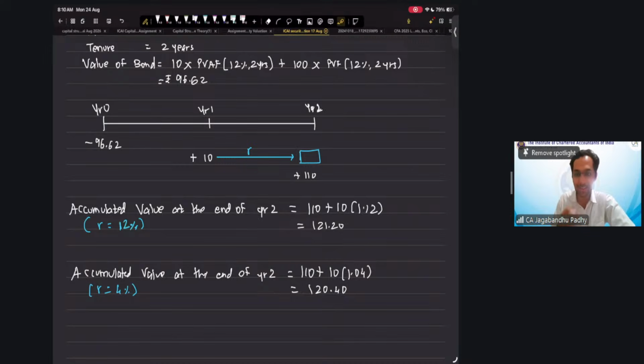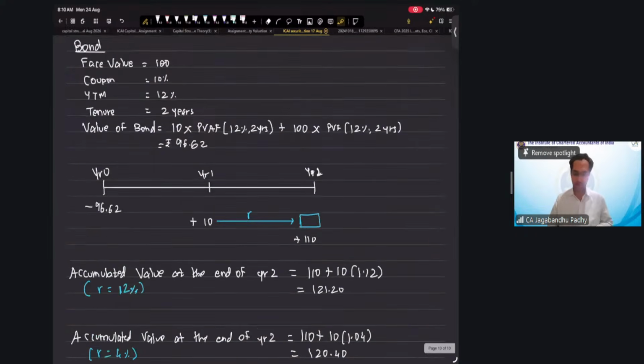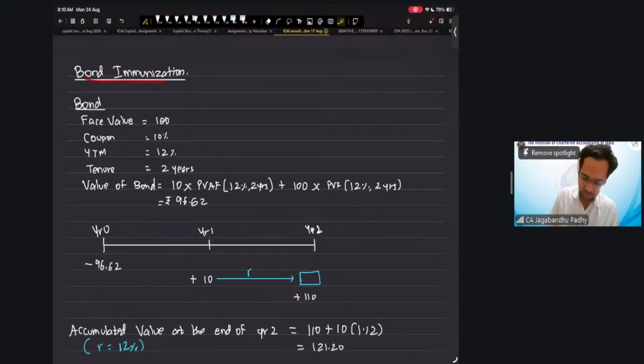Now we are looking at a technique, a strategy, wherein whatever be the reinvestment rate, we will still be able to realize a fixed value, and that is essentially what we call bond immunization.